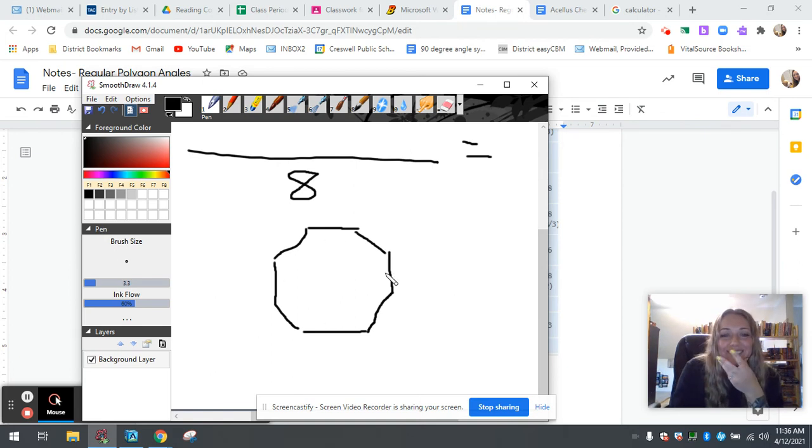Okay, we have an octagon. The interior angle is this angle, this angle, this angle, this angle. They are all the same because it's a regular octagon. This one isn't, but I tried. So the measure of this angle would be 135 degrees, and so would all the other ones.